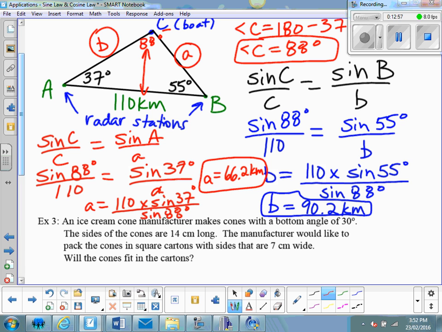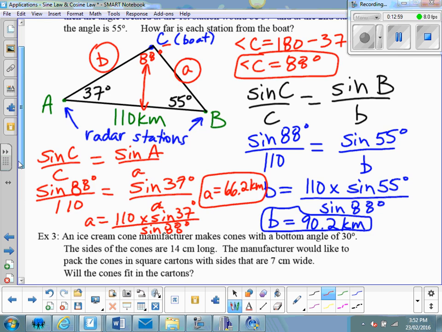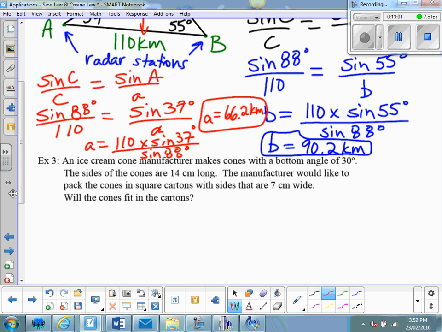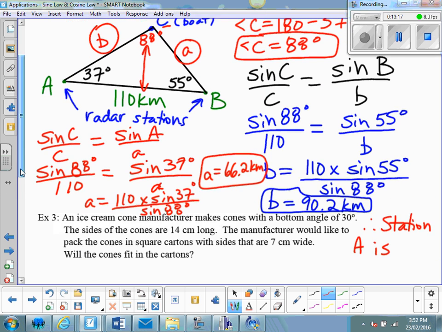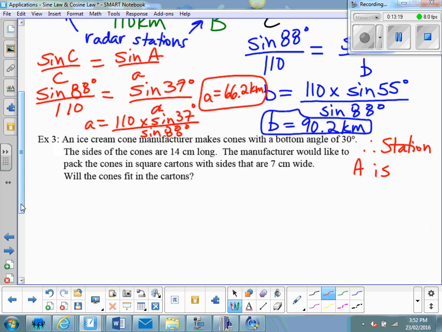So our statement here that answers the question, how far is each station from the boat? Therefore, station A is, and station A is, I have to use the answer for side B. So station A is 90.2 kilometers from the boat.